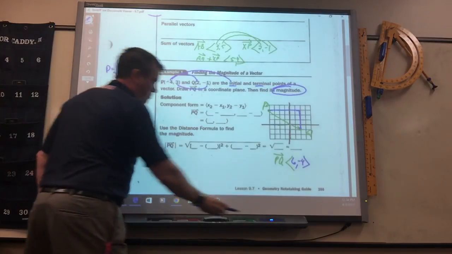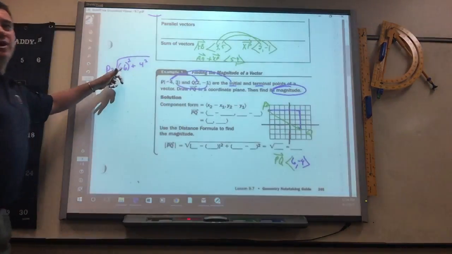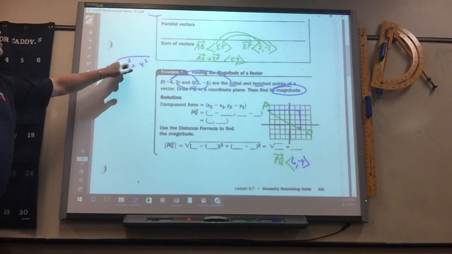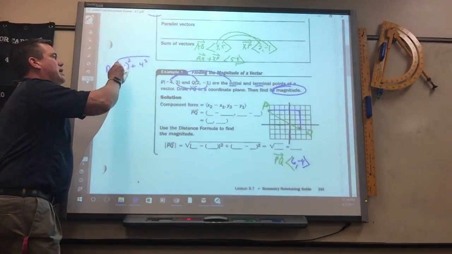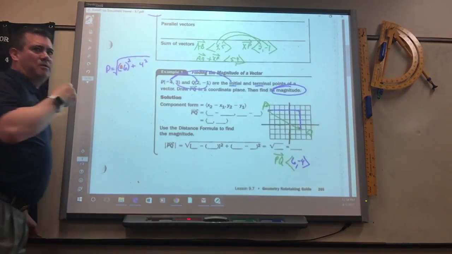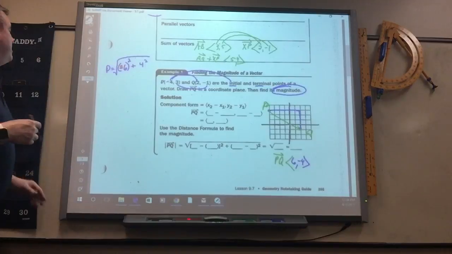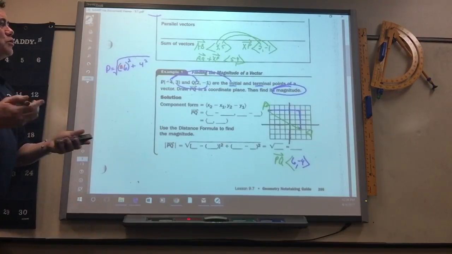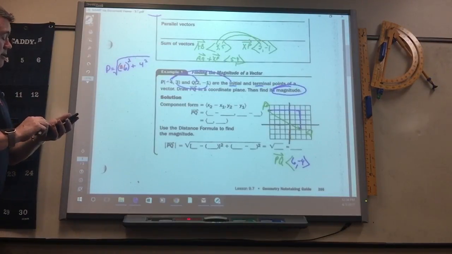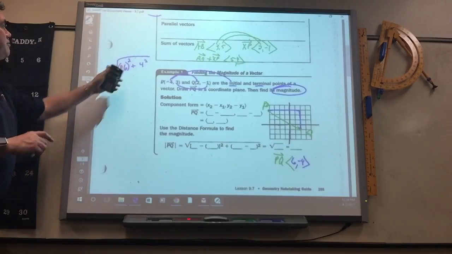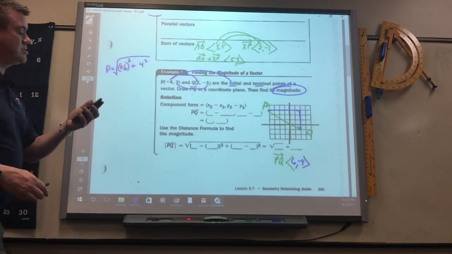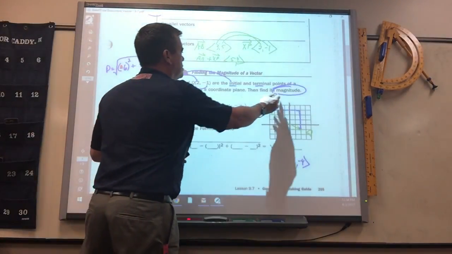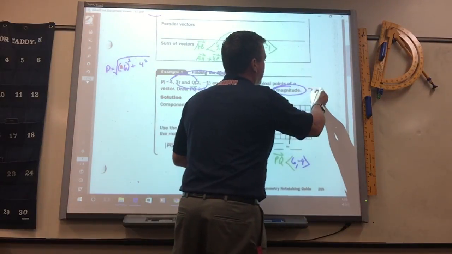Square rooted. Now, if you have a negative, it doesn't matter. If you got a negative in it, it's going to turn positive, so just disregard it, because depending on what calculator it uses, it could give you an error. All of these we rounded to the nearest tenth. So that's the square root of 52. It's 7.2. So the magnitude is 7.2.